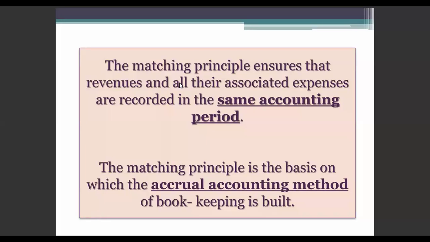But if instead of 1000, I received 500, it means I received only 500 and 500 is still to be received. So as per this concept, whether you received or receivable, whichever is first, you should record it in the books of account. Secondly, suppose you're supposed to receive 500, but you just received 100 and 400 is outstanding. So that record has to be maintained as outstanding receivables.